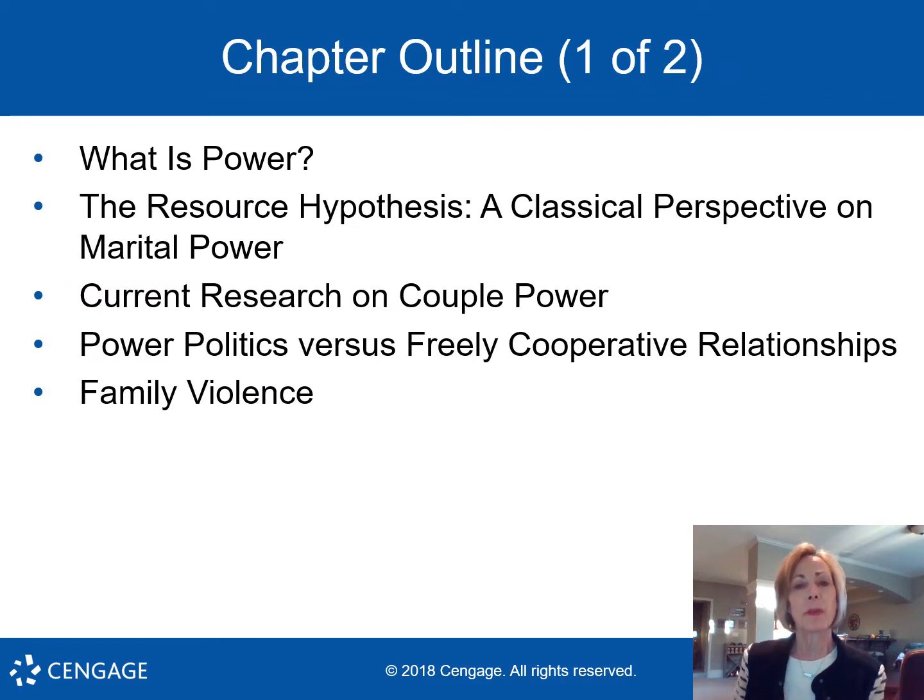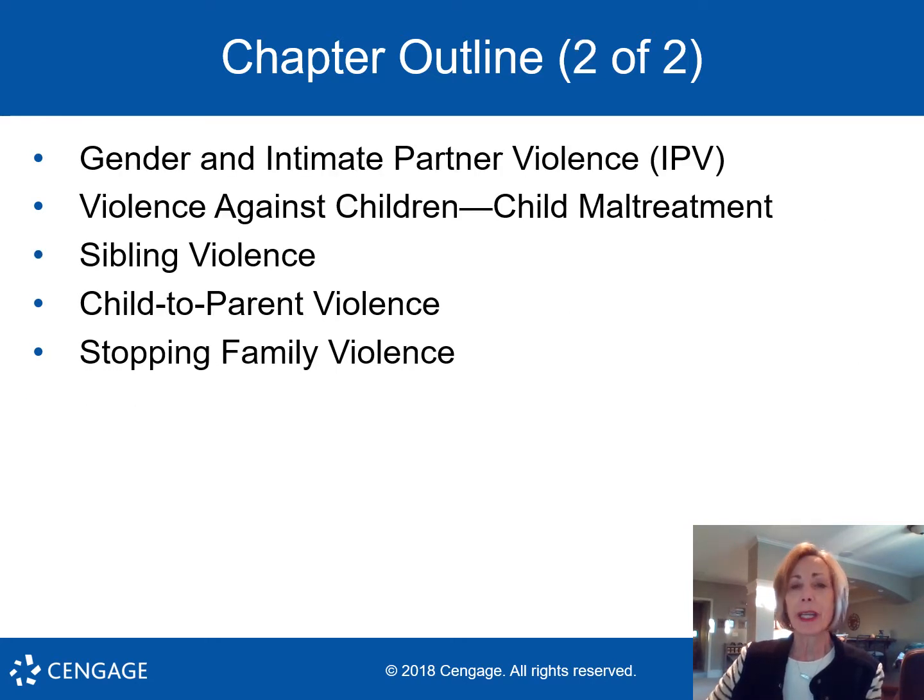So your book talks about what power is, the resource hypotheses, a classical perspective on marital power, the current research on couple power, how politics is involved, family violence, gender and intimate partner violence, violence against children, sometimes known as child maltreatment, sibling violence, child-to-parent violence, and how it can be stopped.